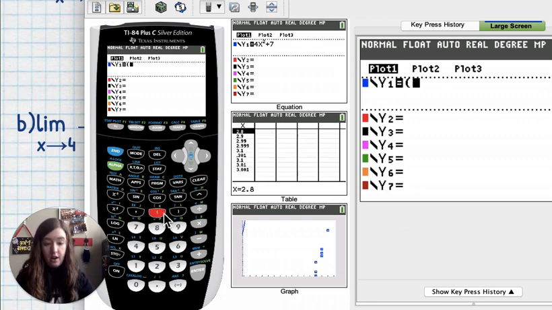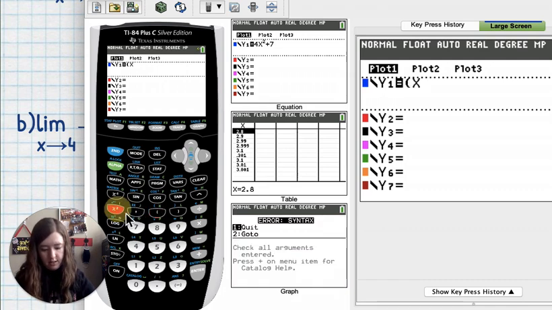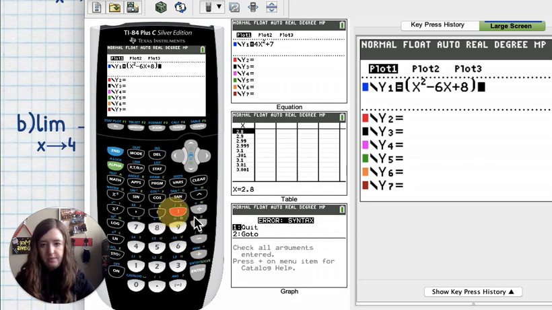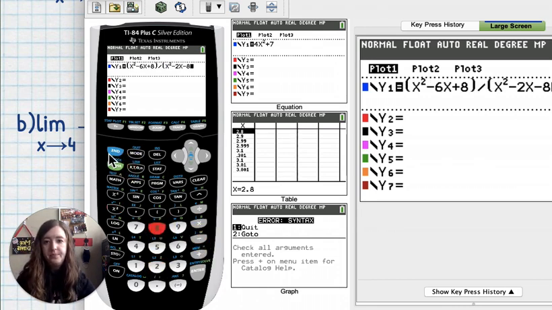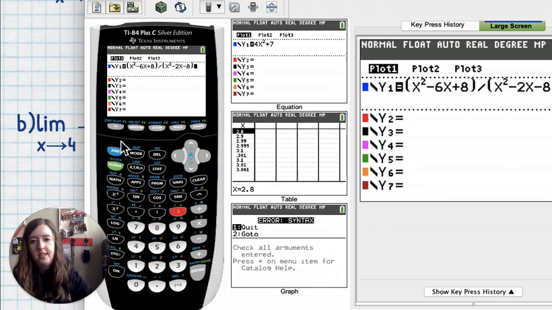Let's see, our numerator is x squared minus 6x plus 8. We'll divide that by our denominator of x squared minus 2x minus 8. Close the parentheses.